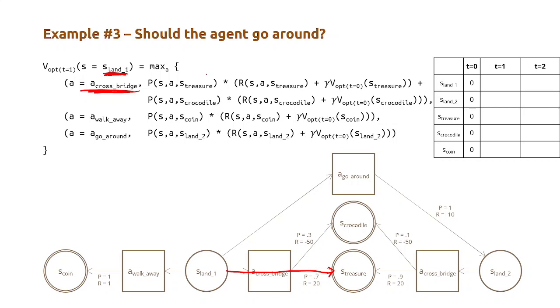So that is 0.7, times the reward of S1 cross bridge treasure, which is 20, plus gamma, assume it's 0.9, times the optimal value at t equals 0 of treasure. So what is the optimal value of treasure at t equals 0? If we take a look at the table on the right side, it is 0, right? So we multiply 0.9 by 0.